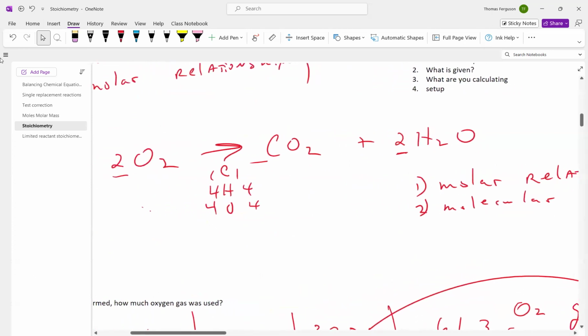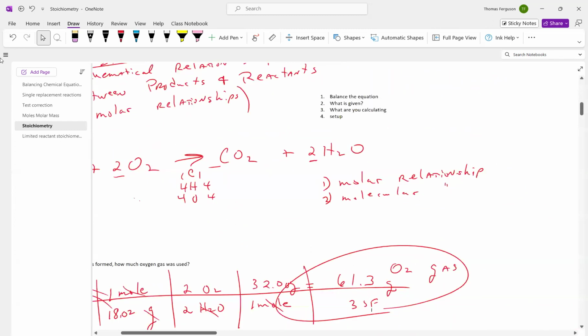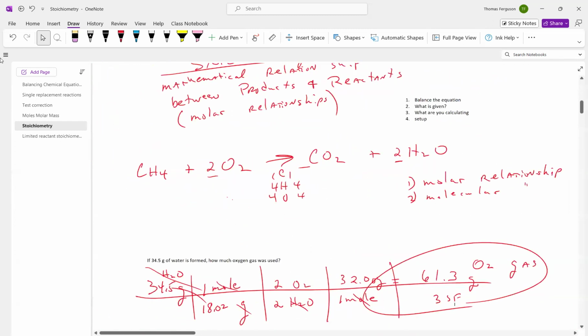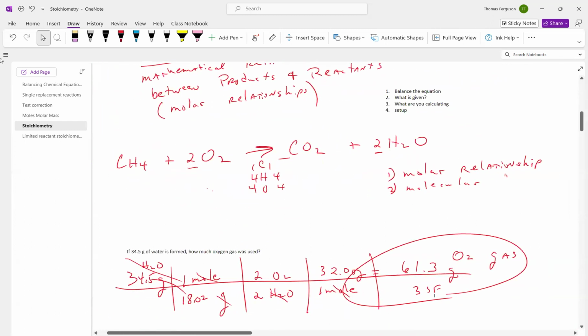So what does that mean? That means one molecule of methane will react with 2 molecules of oxygen gas, giving us 1 carbon dioxide and 2 waters.